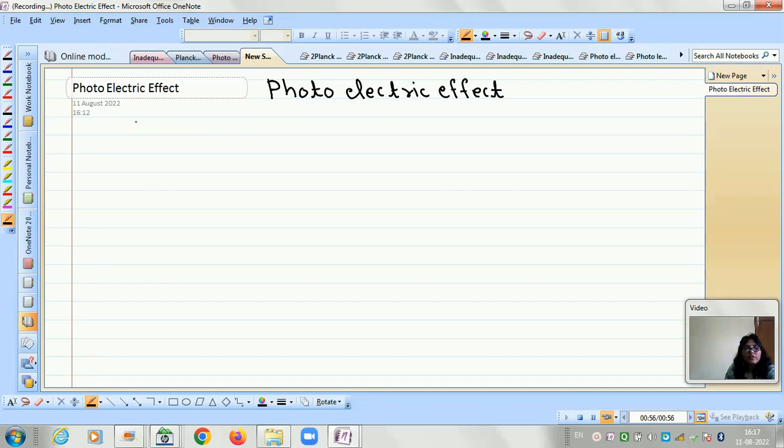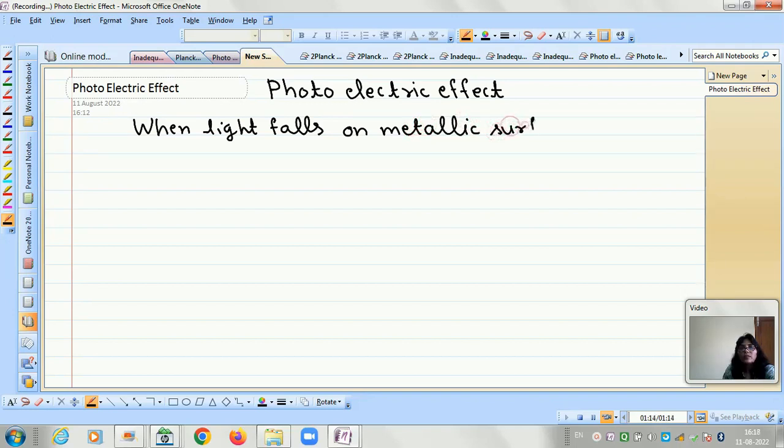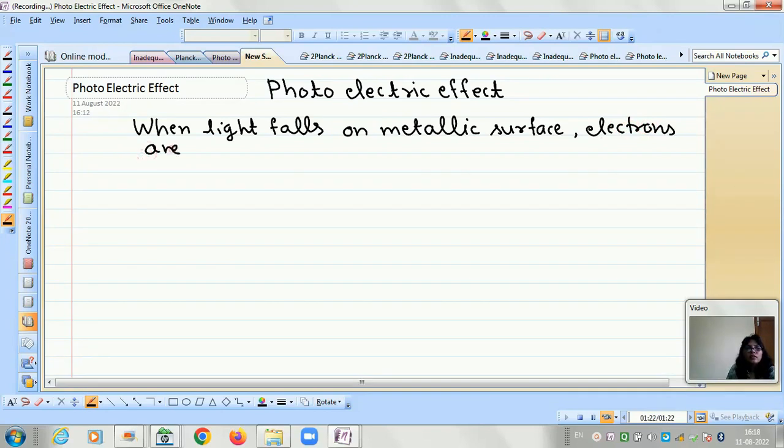So let us write this: when light falls on a metallic surface, electrons are ejected from the surface, and this phenomenon is termed as photoelectric effect.